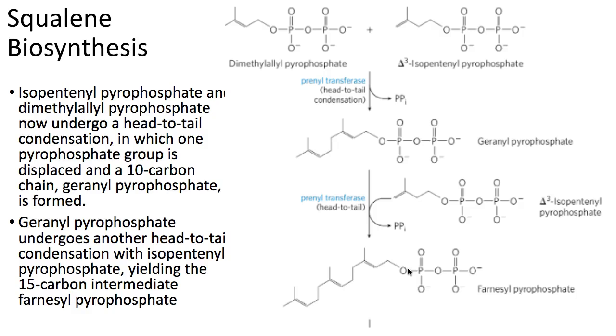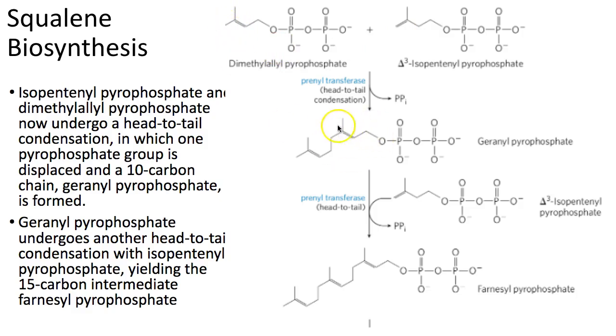And so what we do is we have two other forms of the activated isoprene, and they react with one another, having this head to tail condensation, where this carbon right here attaches to the tail of this activated isoprene.